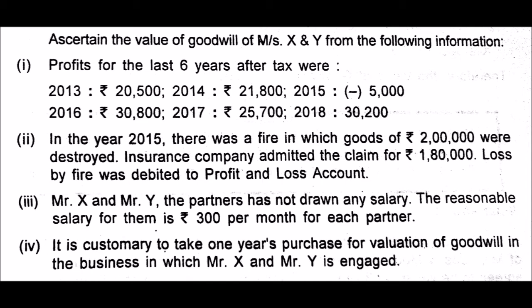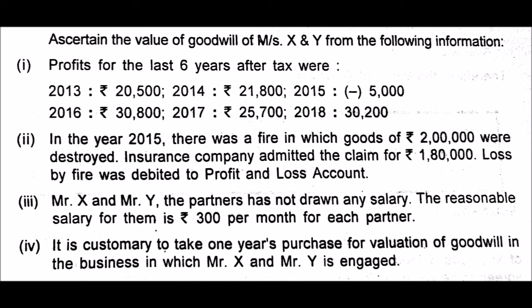So in the year 2015, the profit was minus 5,000. That means there was a loss of rupees 5,000, and there was an abnormal loss of rupees 20,000. How did you get 20,000? That is 2 lakh minus 1 lakh 80,000.